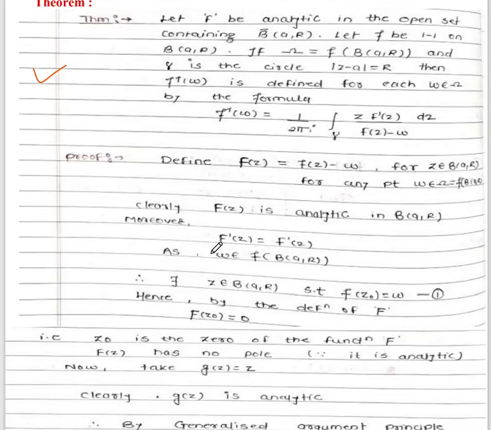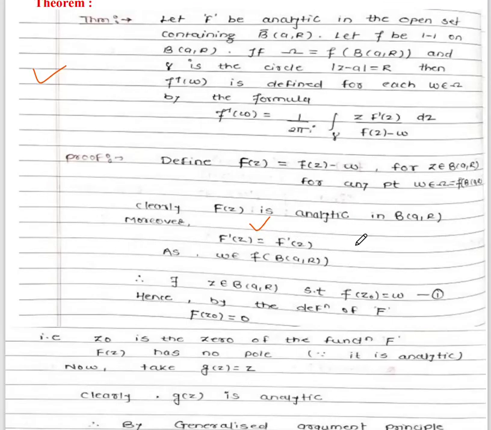Now clearly F of z is analytic in the open circle with center a and radius R. Moreover, F dash of z equals f dash of z, because f is contained in the open circle with center a and radius R. w belongs to f.